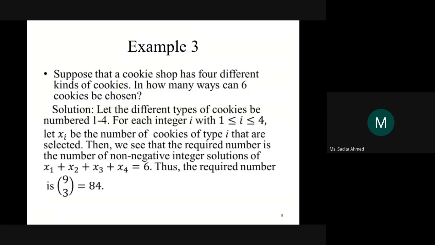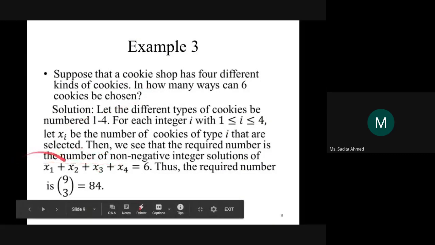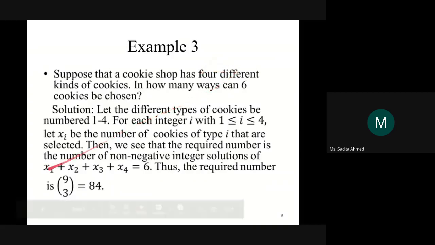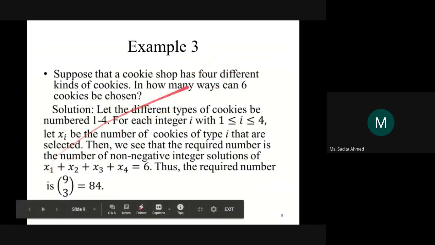So you see, we can represent the choice of the cookies of each different type with X1, X2, X3, X4. Why do we have 4 X's here? Because there are 4 different types of cookies. The number of cookies chosen from each of these different types is represented with X1, X2, X3, and X4.